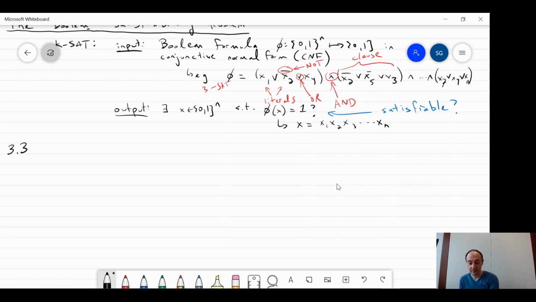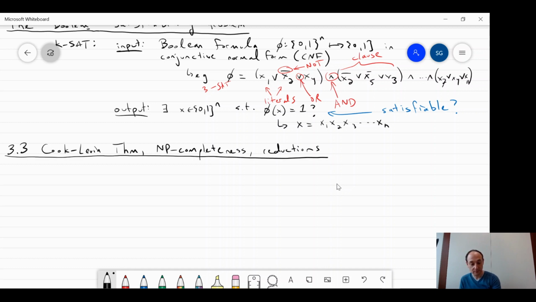Okay. So now we can talk about the Cook-Levin theorem, NP completeness, and reductions. What makes the P versus NP framework so prolific is that it captures many, if not most, practical computing problems, at least decision problems.